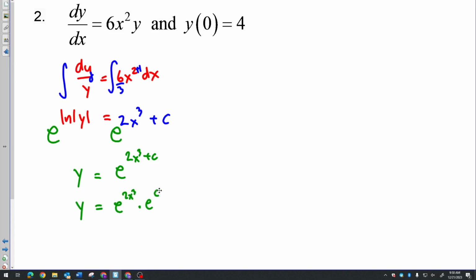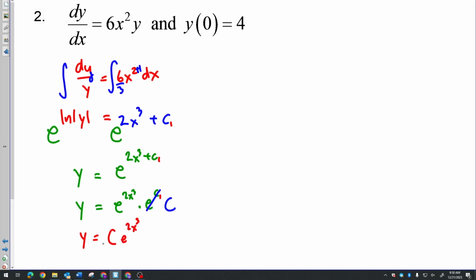But remember, e to the c is just some other c. Okay, and just to be clear, I'll call these C1s. This is a different C. These are all C1s. And then e to the C1, I'm just calling another C. Okay, I'm keeping track of my C's here. I'm not sure if you super have to or not, but I like to keep track of my C's.